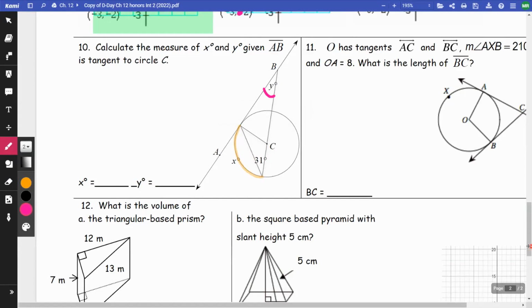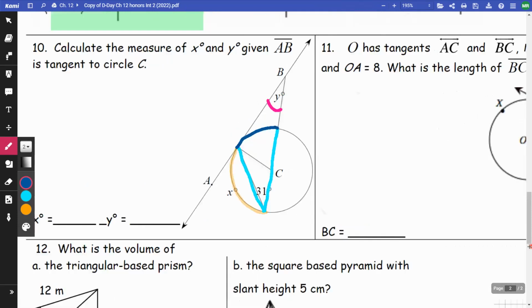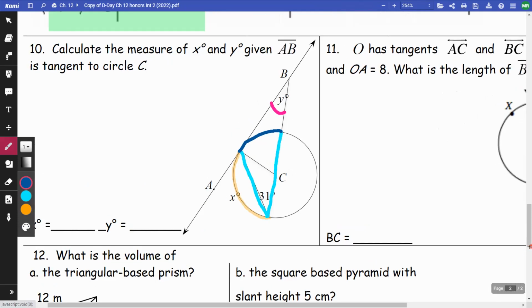So in this instance, first off, if I know that this inscribed angle right here is 31, then I know that this intercepted arc is going to be double that. So this is going to be 62. Let me zoom in a little bit and write a little smaller. Okay.